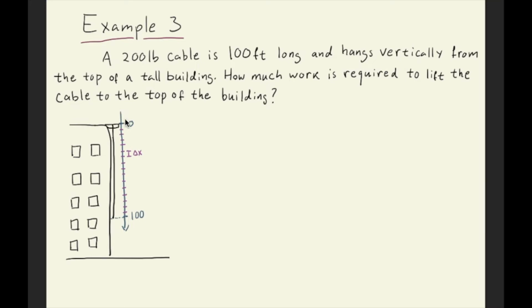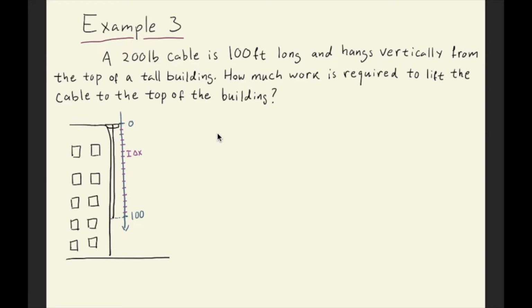And so that's why we chop up the cable, just like we do when we compute an integral, chop it up like this, and then we compute how much work will just one interval require, and then we can just add all of them up. That will be the work required to pull the whole cable up. And so that's how we're going to start.